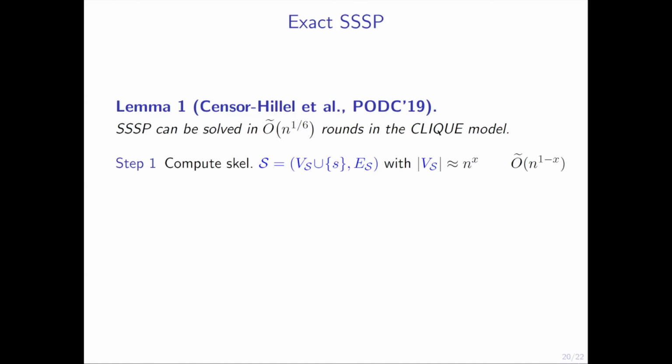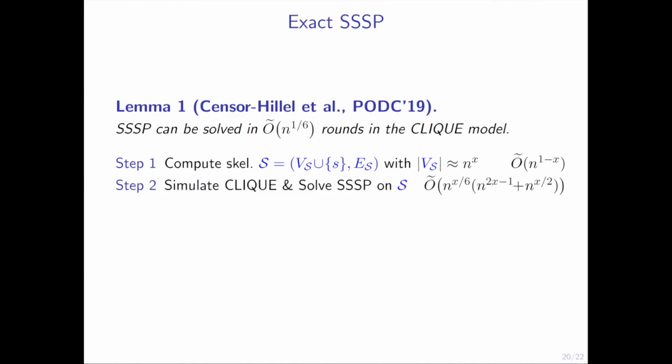So the first step is to simply compute a skeleton graph as we did before, but this skeleton graph always includes the source and has roughly n to the x nodes. As we've seen before, this takes roughly n to the 1 minus x rounds. Then in the second step, we simulate the CLIQUE model on the skeleton graph and solve SSSP on the skeleton graph with the above algorithm.